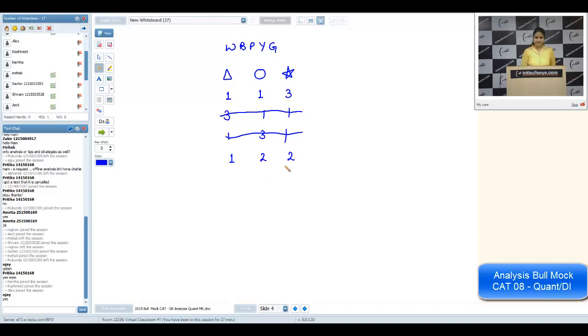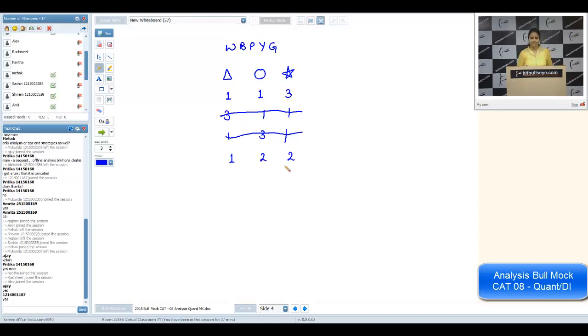Why? Because it says no box should be empty here. Now we have 5 balls. We want to distribute these 5 balls in these 3 boxes so that no box should be empty. So I'm taking the very first case here. First of all, I'm making groups of these 5 balls. So these groups can be made in these many cases.